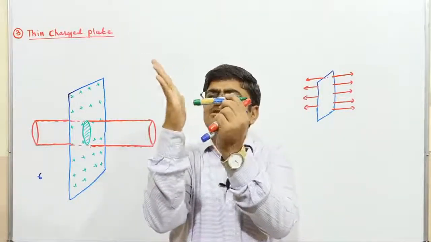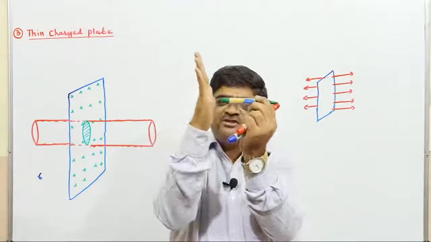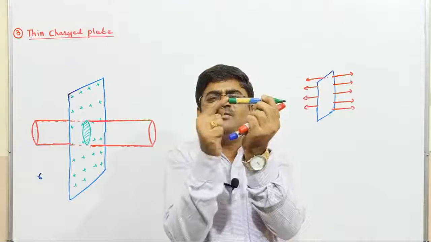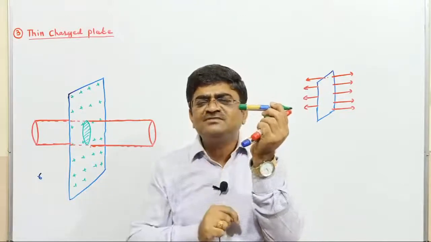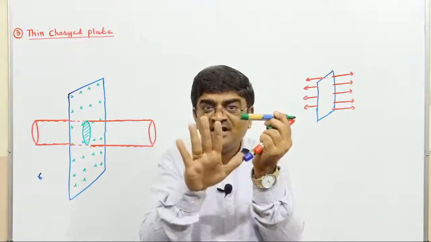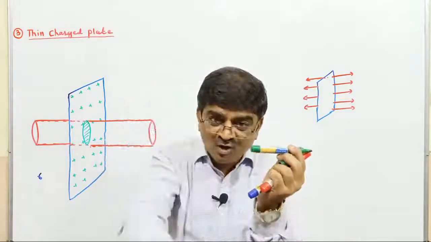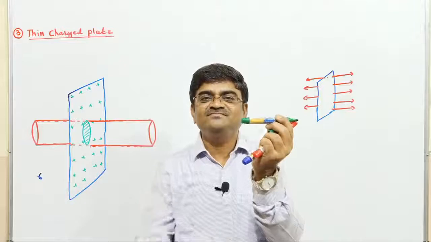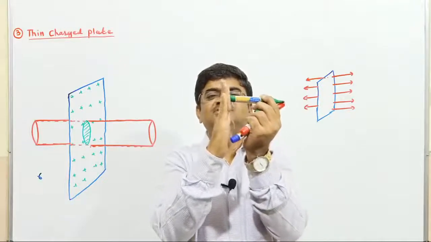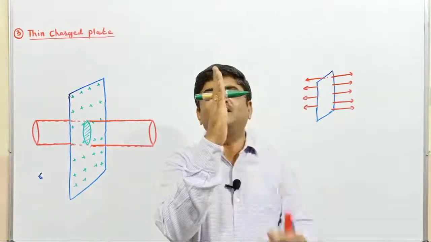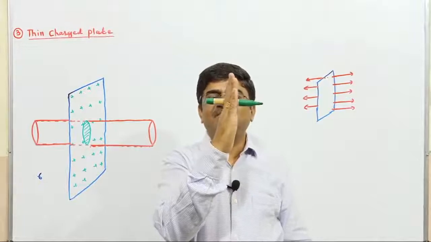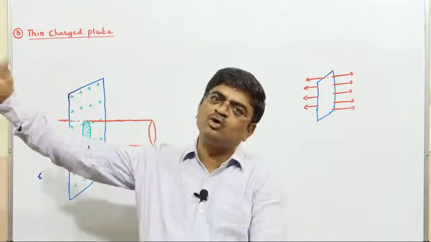Whatever charge is over the sheet where this Gaussian is touching, that amount of charge will be on the surface of the Gaussian. But what we need to apply Gauss theorem is the charge to be enclosed. So instead of just touching here, I extended it like this. I made it penetrate and go to the other side.